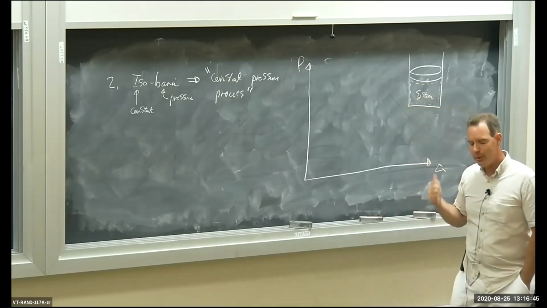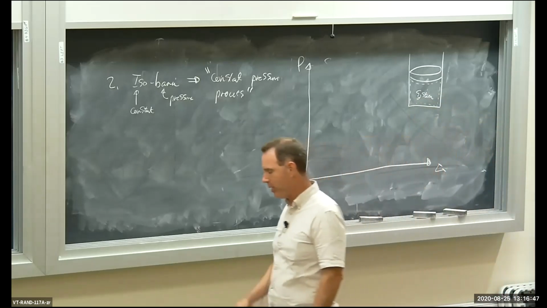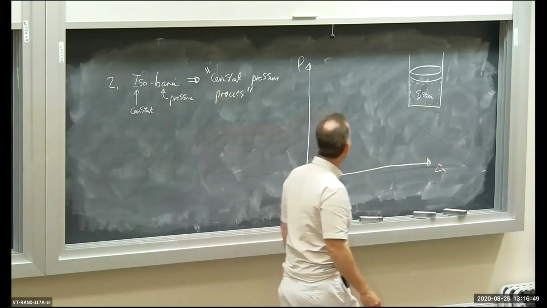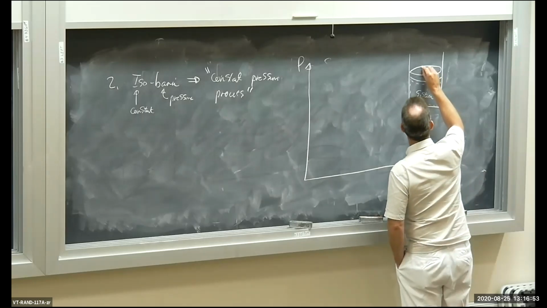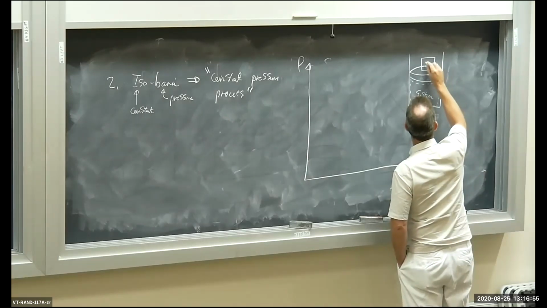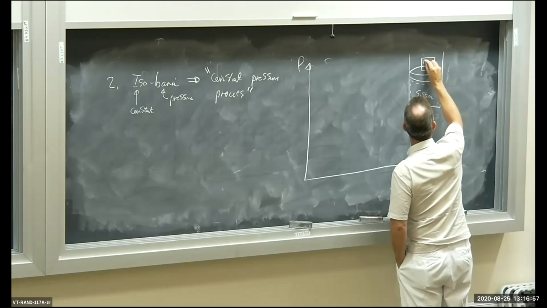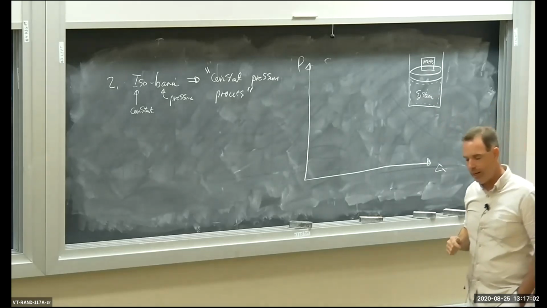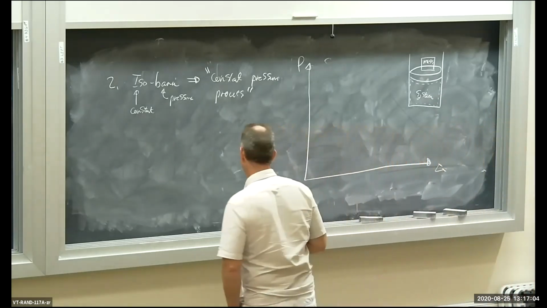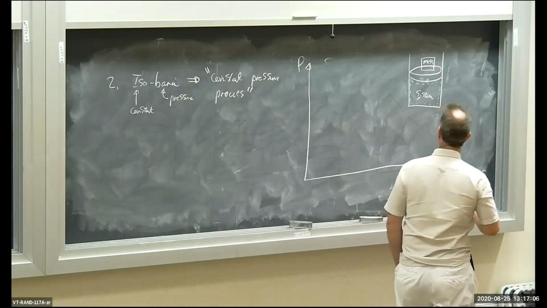How could we get an isobaric process using a piston cylinder device? Well, we could stick a mass out here and stick it right on the surface. I could put a mass right here resting on the top of the piston. And so that would apply a downward force on the piston and pressurize the system. Okay?